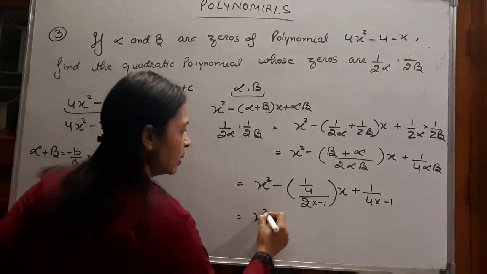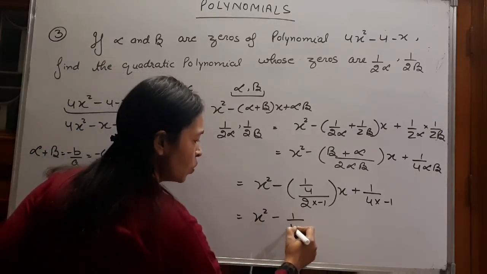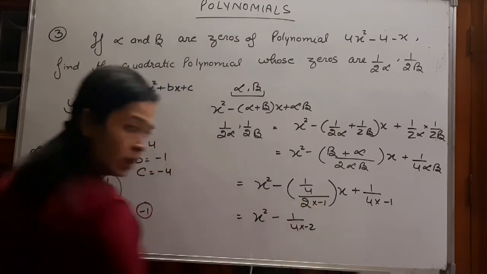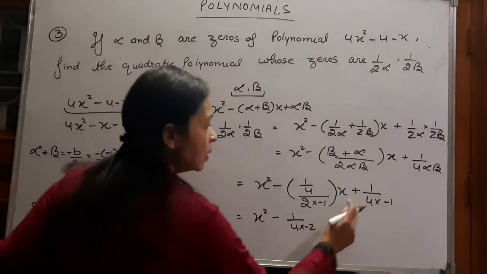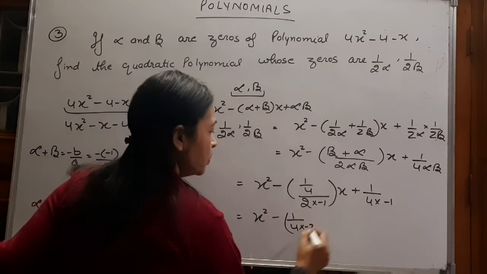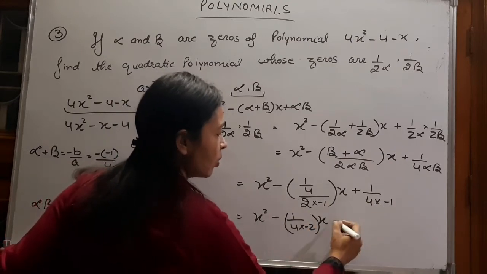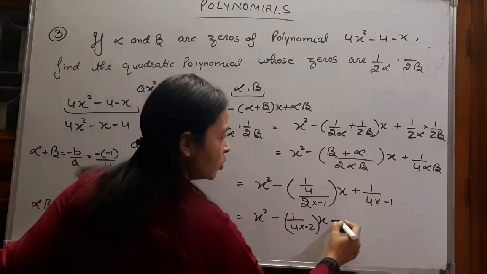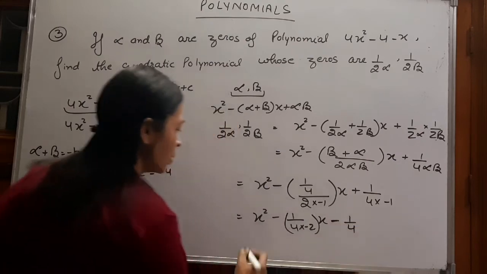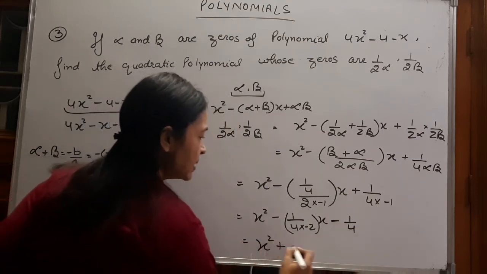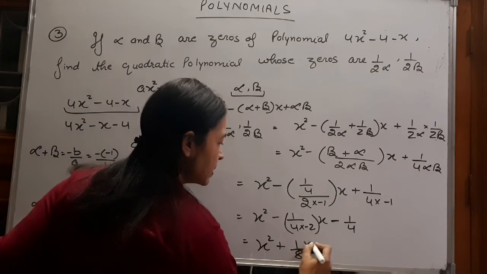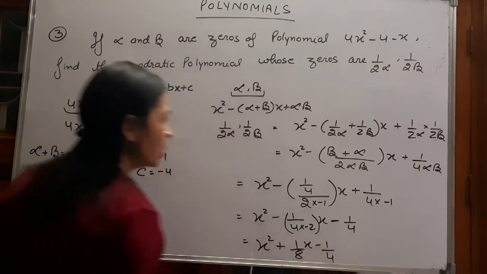We have x square minus 1 by 4 into minus 2 in the denominator into x minus, in the denominator, the sign will come in the numerator, 1 by 4. We have x square plus 1 by 8x minus 1 by 4.